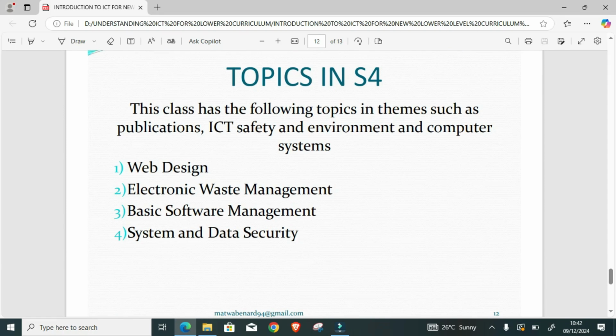And in senior 4, we have topics like web design under themes such as publication, ICT safety and environment, and computer system. We have communication, whereby we are going to see how to design a website. And I usually teach in 2 ways. In other words, using coding, you write codes, that is HTML tags, and we shall also use software.